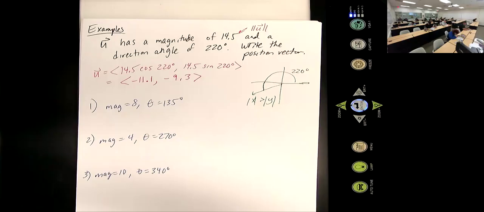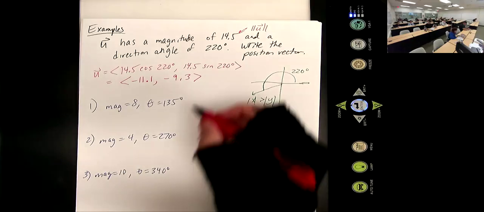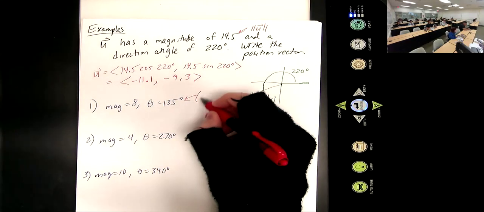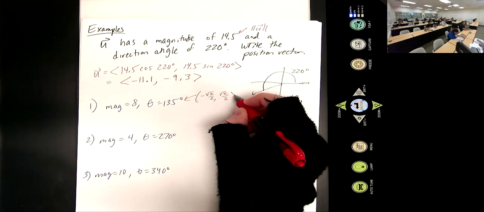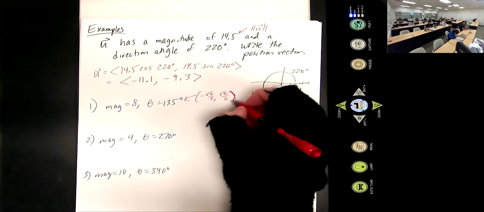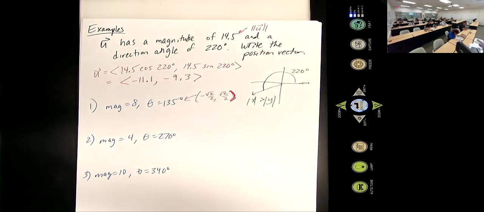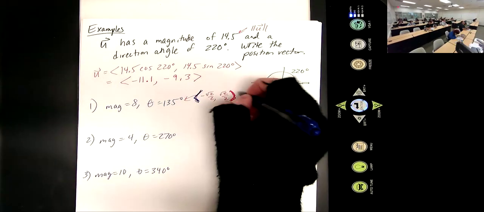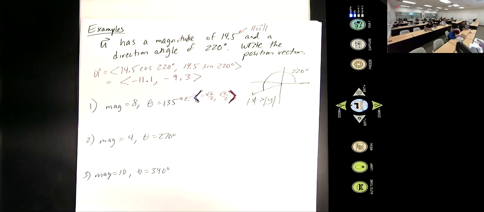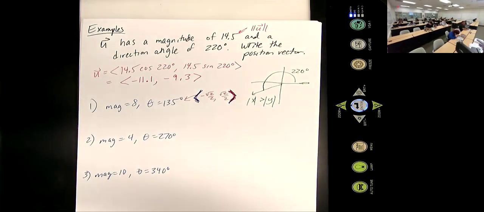Back to your unit circle. What is 135 degrees? What's the point there? That's ⟨negative root 2 over 2, root 2 over 2⟩, right? If I change from parentheses to vector, because it's a position vector now, if it's one of the angles you already have memorized, you can just use that shape.